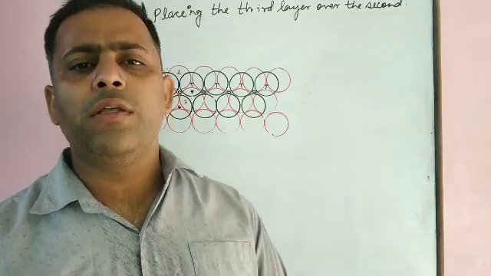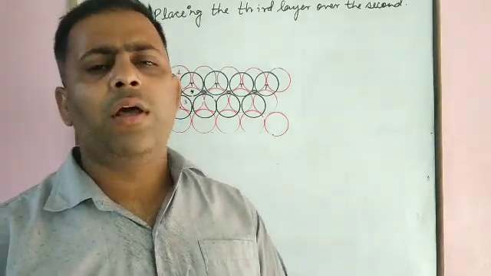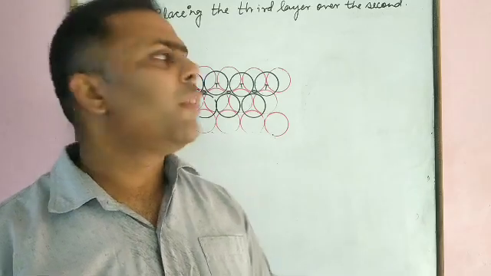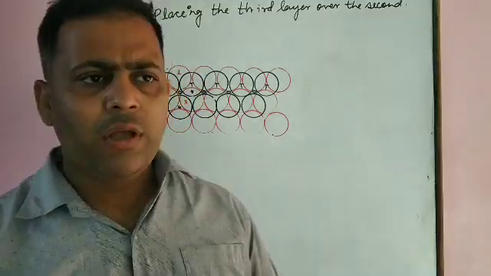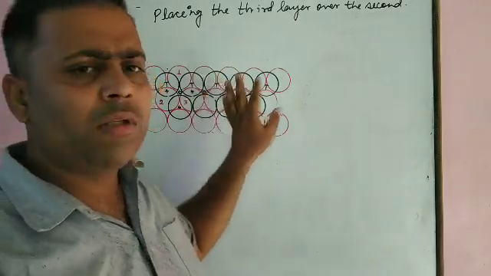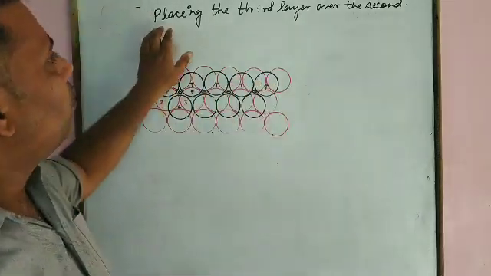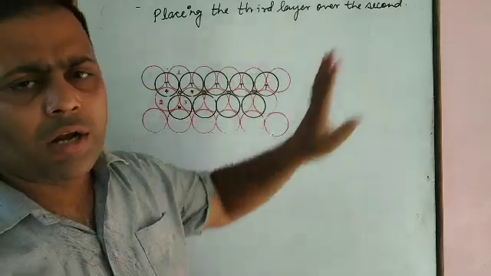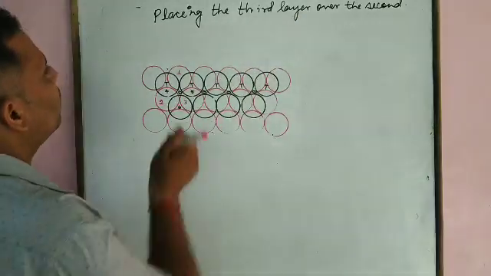Now we are going to place a third layer over the second layer. How to place it? I will not draw it, we only have to imagine how to place the third layer. Placing the third layer over the second layer, there are two ways.